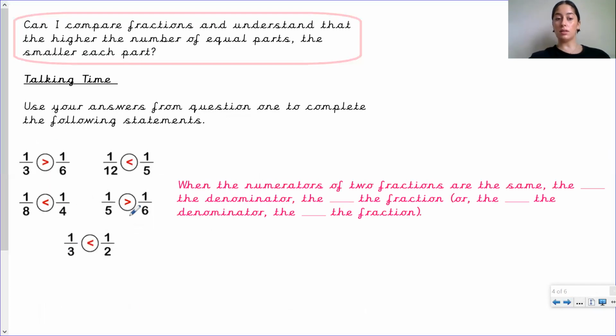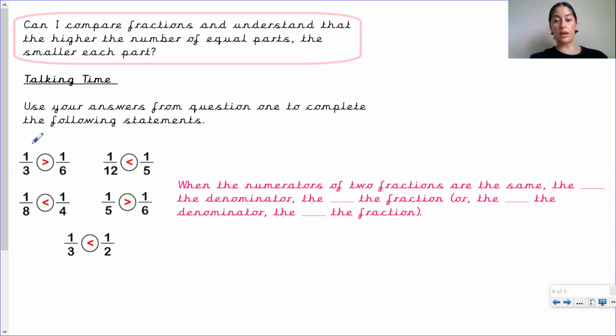So now that we've got our answers, how could we complete this sentence? Pause the video and have a go at completing it by yourself. Okay, so when the numerators of two fractions are the same, the smaller or larger the denominator, so let's go with smaller.